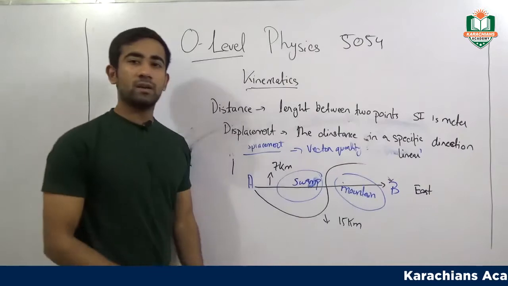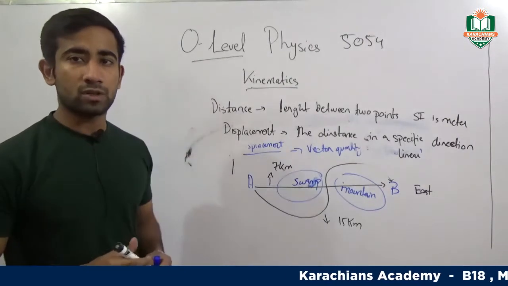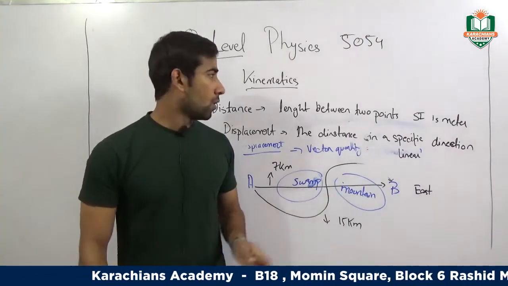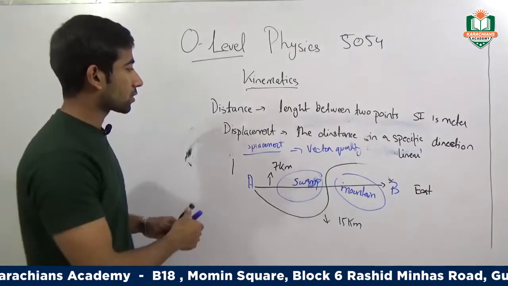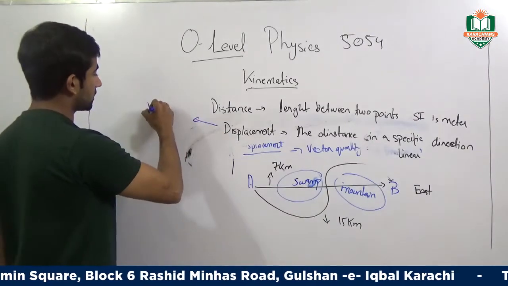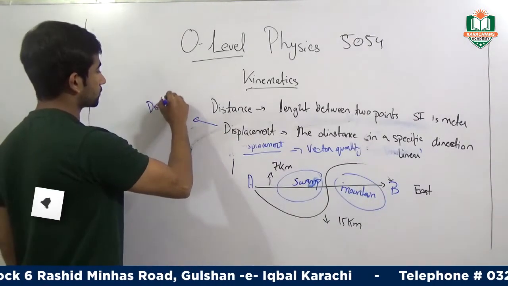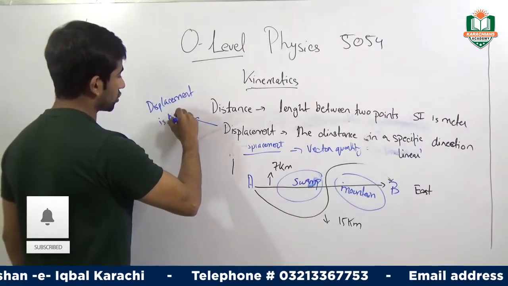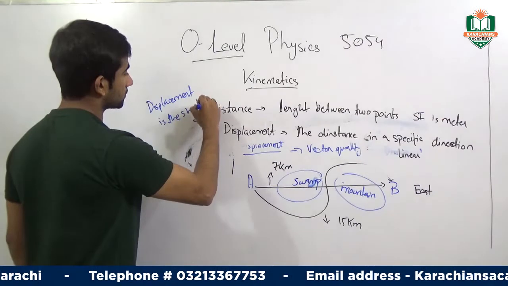This is the key difference between displacement and distance. So displacement is the distance in a specific direction, or we can also say displacement is the shortest distance. This is another definition for displacement: displacement is the shortest distance between 2 points.